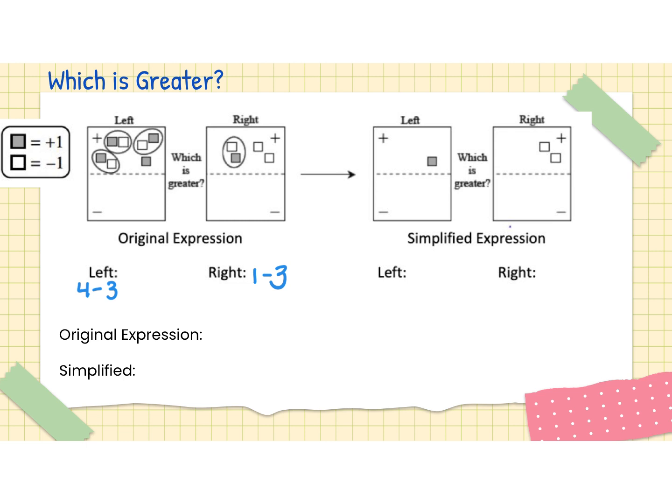You can see here, we have some 0 pairs. Those are going to be removed on each one of the mats individually. And I will make myself a key, which will say 0 pairs. Once I have completed that, I want to figure out what is left. What is left on the left-hand side is a +1 tile, and what is left on the right-hand side are 2 negative tiles. So what is greater, -1 or -2? Obviously, -1 would be greater.